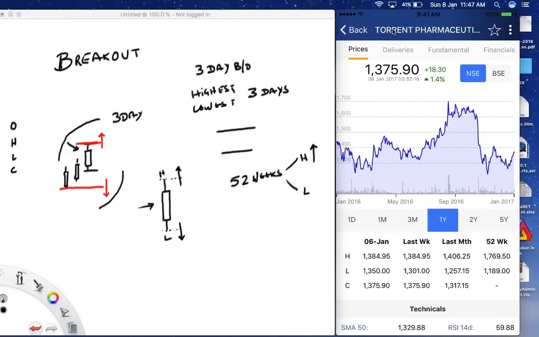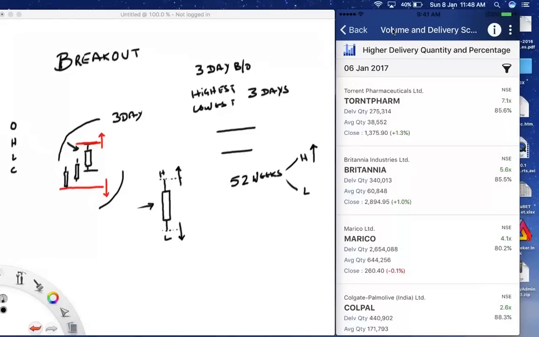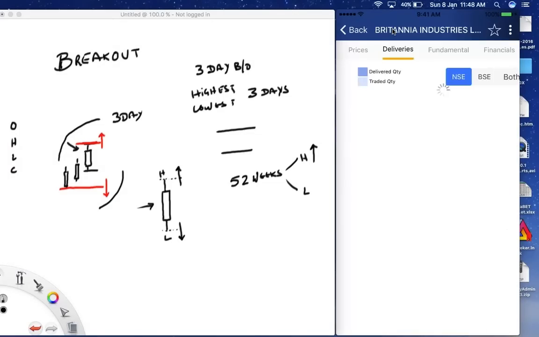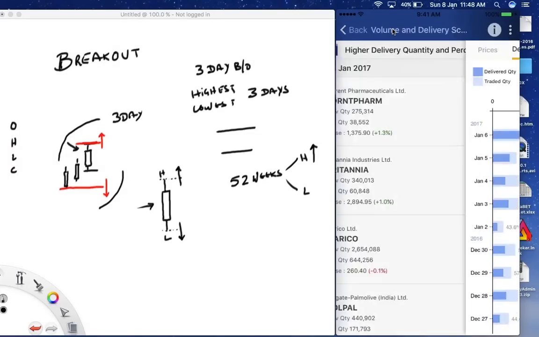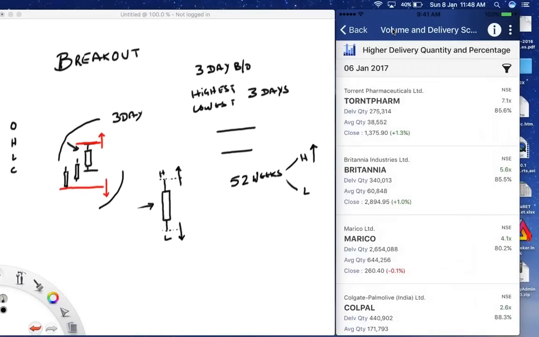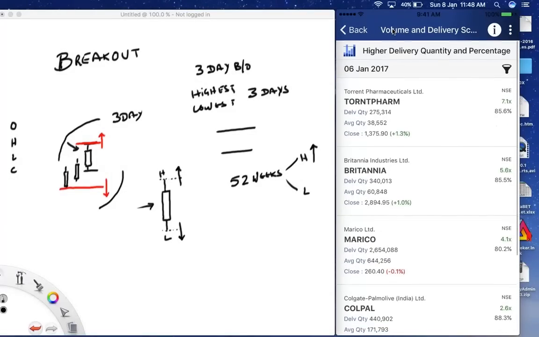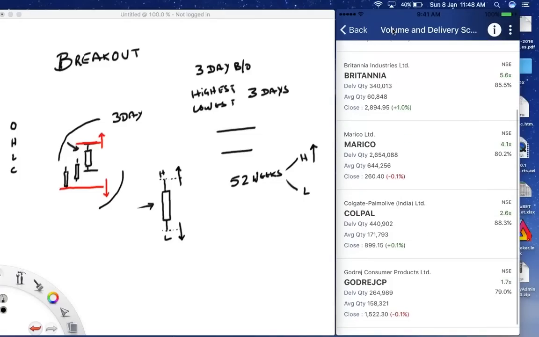Now, if you have been trading for some time, do you notice a common factor in this high delivery quantity and percentage? See, Britannia, Marico, Colgate, and Godrej Consumers, they all fall under the consumption space. So a theme pops up in my mind, and the theme is that the last trading day, the market has taken delivery of mainly the consumption plays, Britannia, Marico, Colgate.